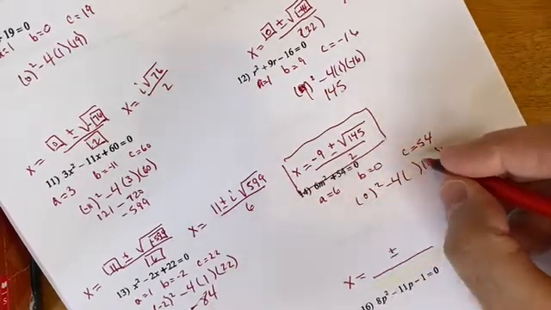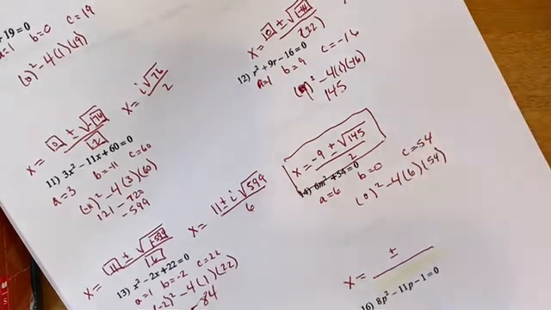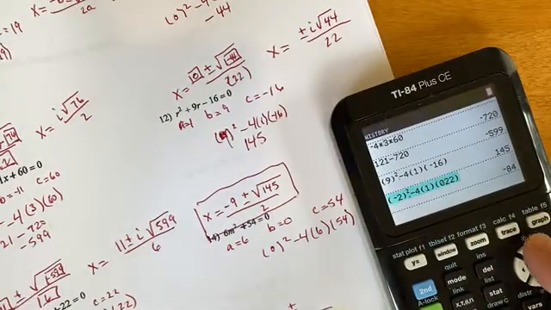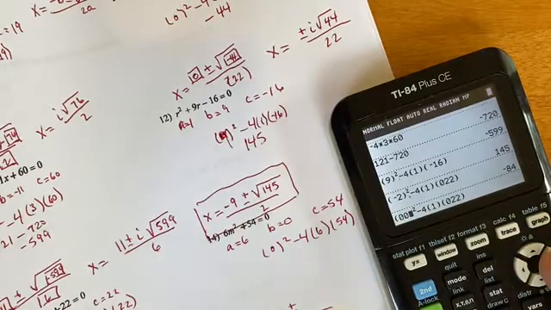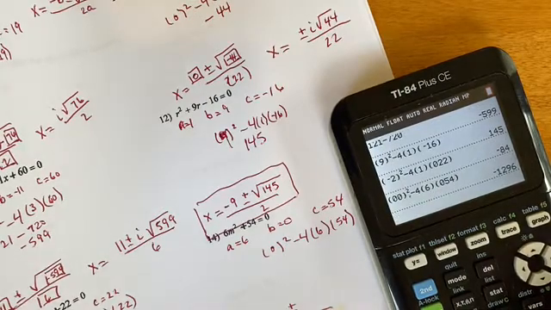B is 0, A is 6, C is 54. So minus 4 times 6 times 54 is negative 1296.